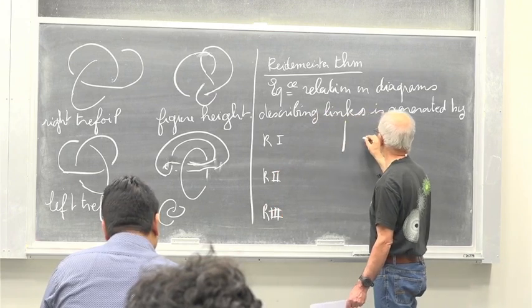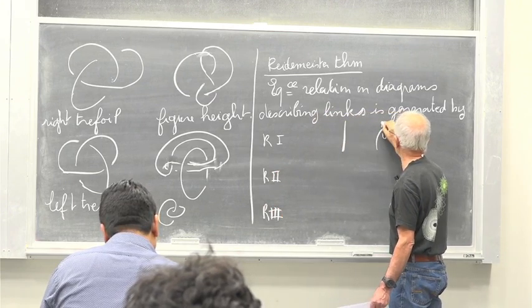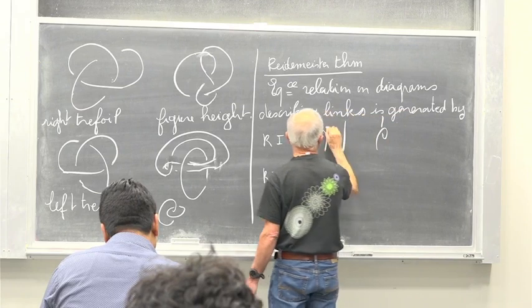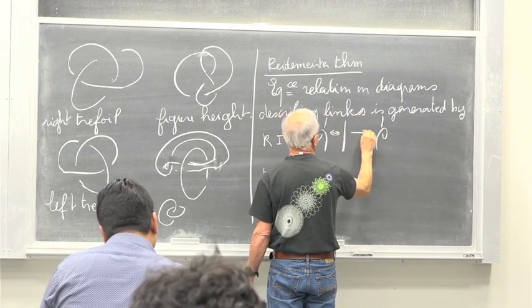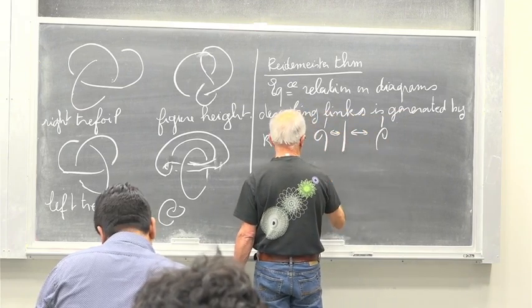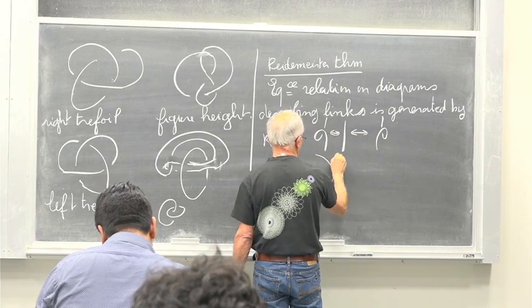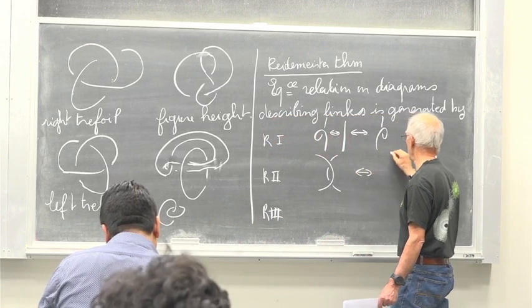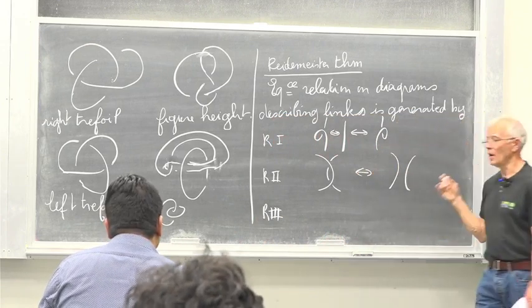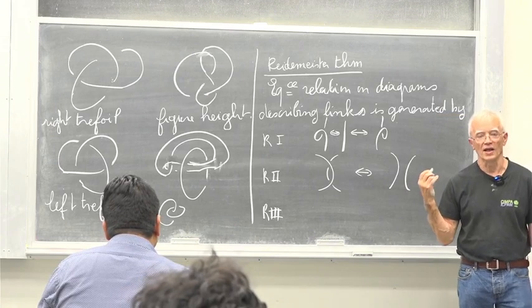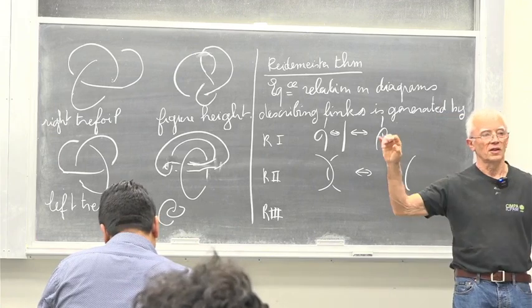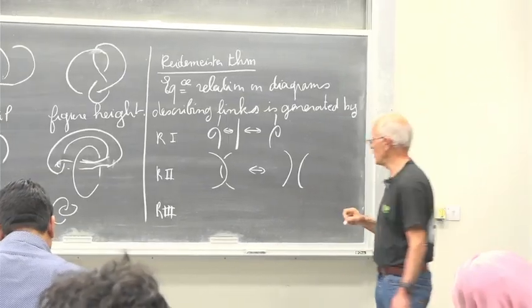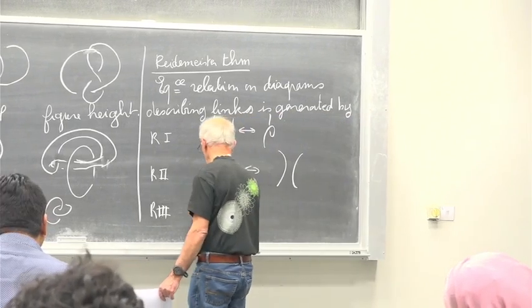First one is introduce a curl. Second one, you remove two crossings like this. So I'm just drawing part of the diagram. Everything keeps the same on both sides. Or these are free.